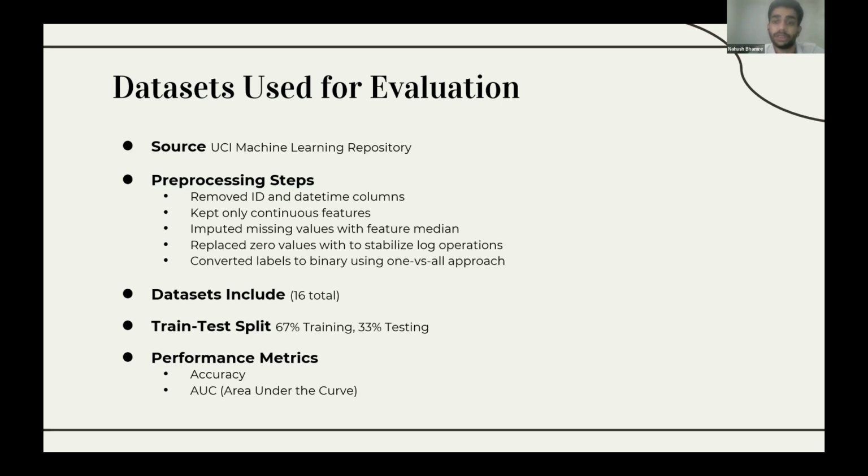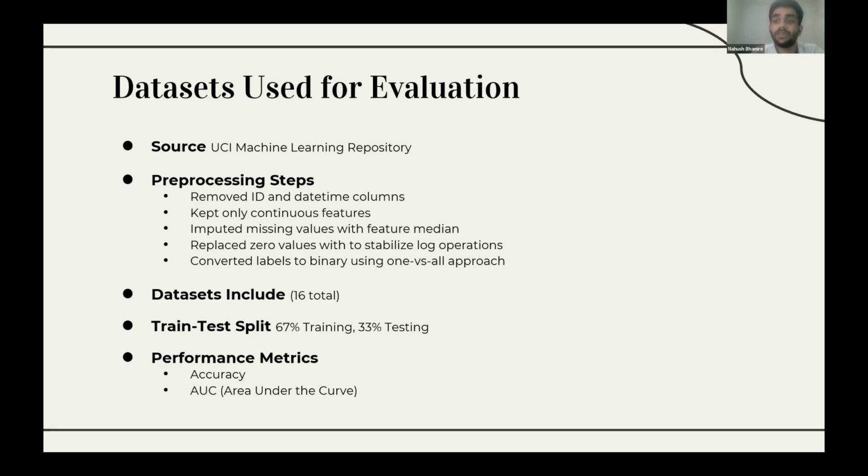And to standardize the classification task across all the datasets, we converted the labels to binary using the one versus all approach. The dataset was also split into training and testing subsets using a 70 to 30 split to ensure sufficient learning while preserving generalization.